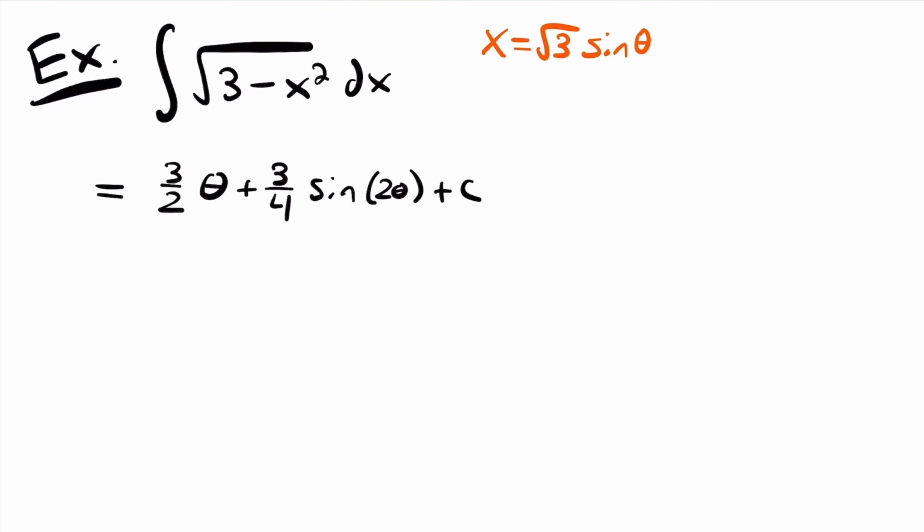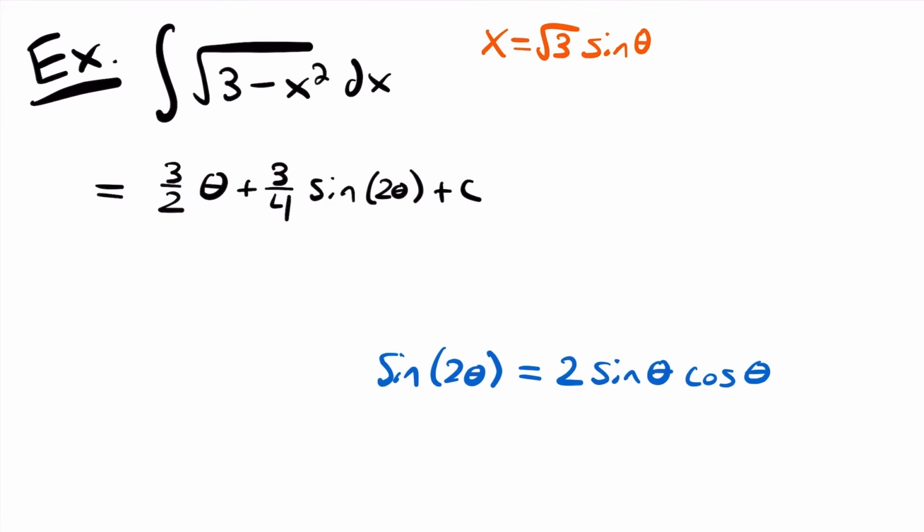And so this is where another useful trigonometric identity is going to come into play. And this is one that you want to write down because it's going to appear often when working with trigonometric substitution, especially when you are trying to rewrite your answer in terms of theta back in terms of x. And so what you want to know is that sine of 2 theta is equal to 2 times sine theta times cosine theta.